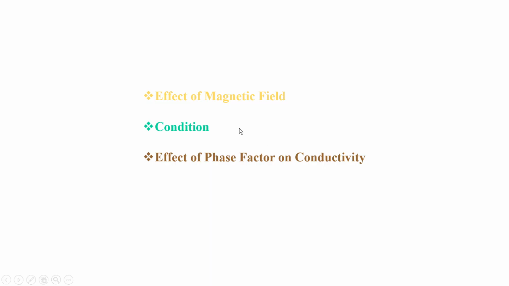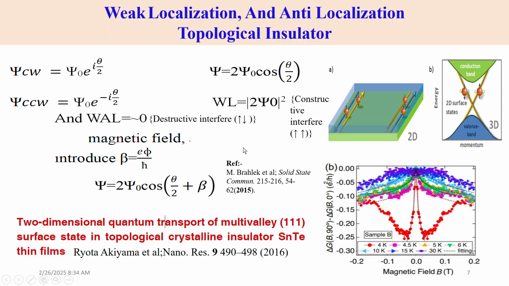So what is the effect of the magnetic field on weak localization and weak anti-localization signatures? What is the effect of the phase factor on conductivity? On the basis of quantum mechanics, we can explain these signatures.